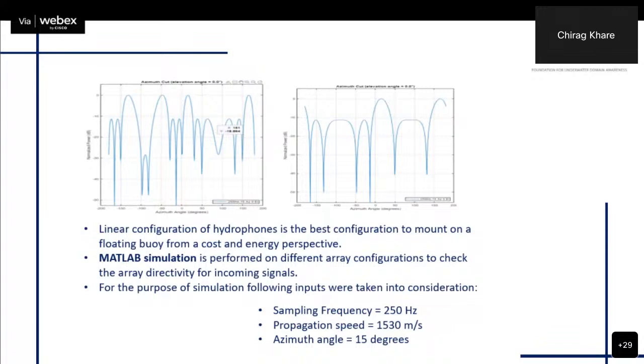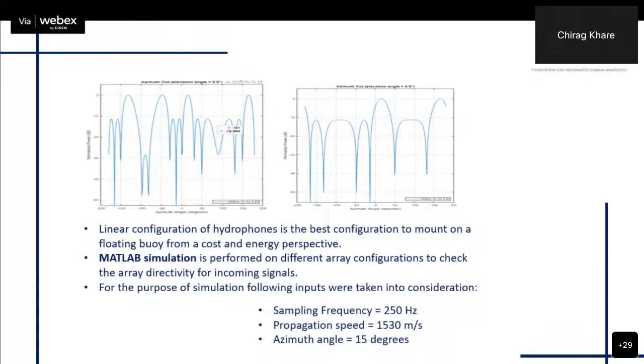The sampling frequency is taken to be 250 hertz because we are concerned with acoustic measurement of shipping traffic, and the average frequency that is released from the ships is around 100 to 500 hertz. So that's why 250 hertz has been taken as the sampling frequency.